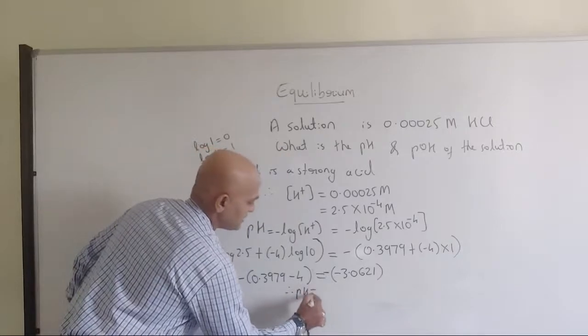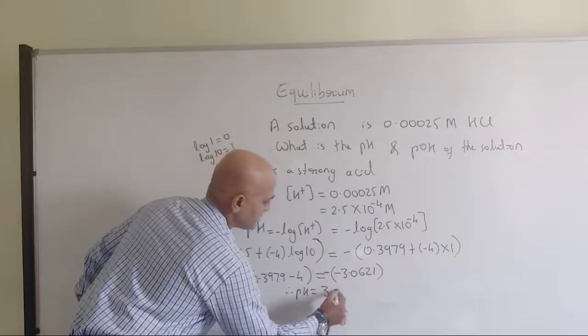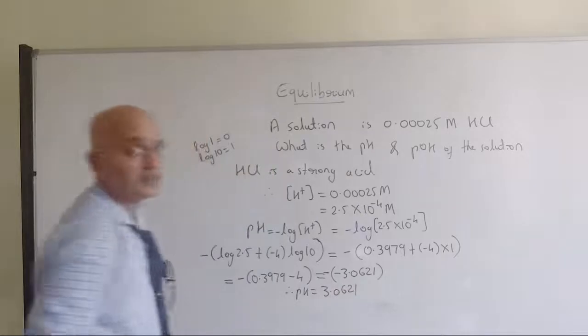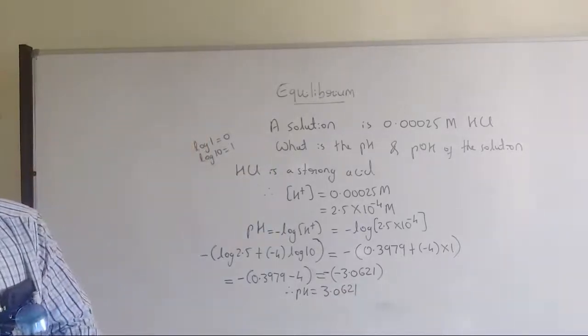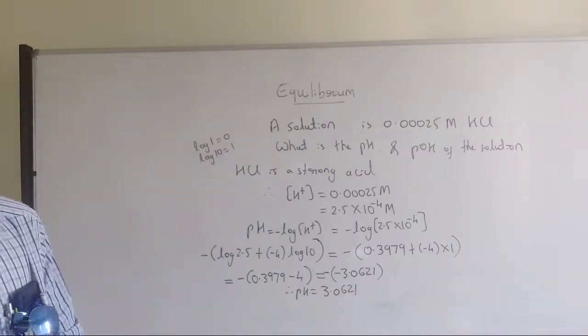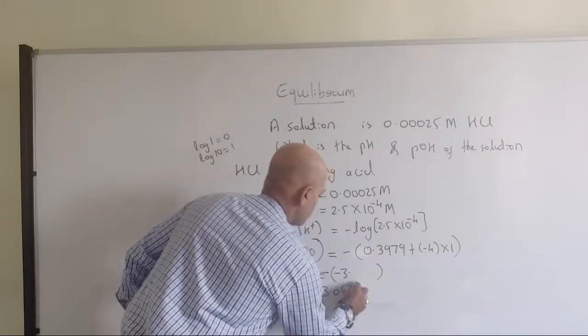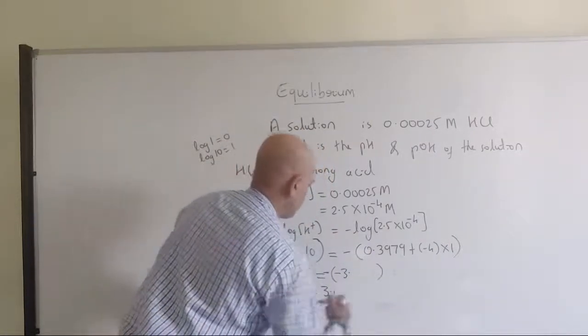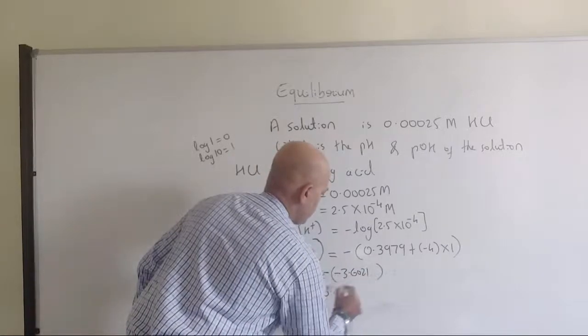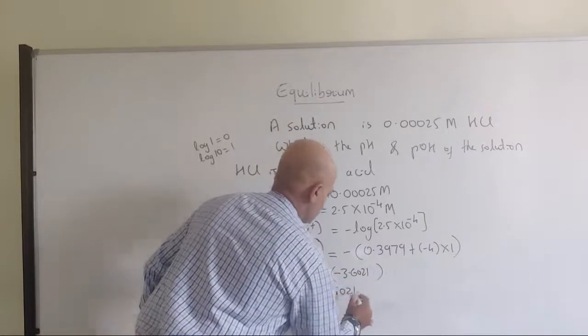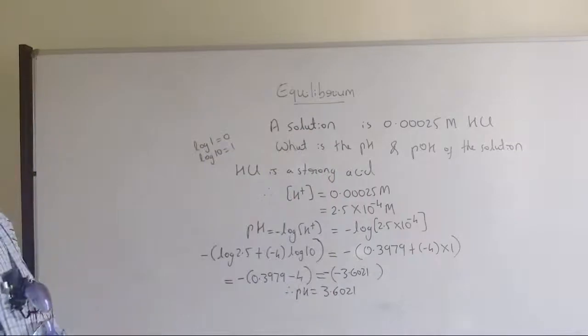Therefore, pH is equal to 3.6021. That is the pH value.